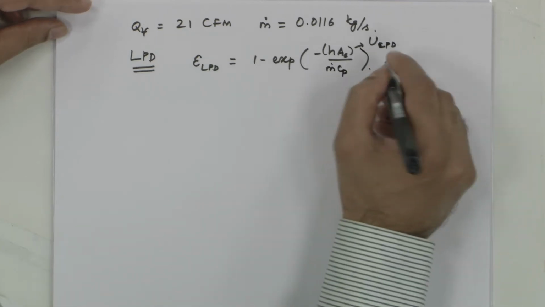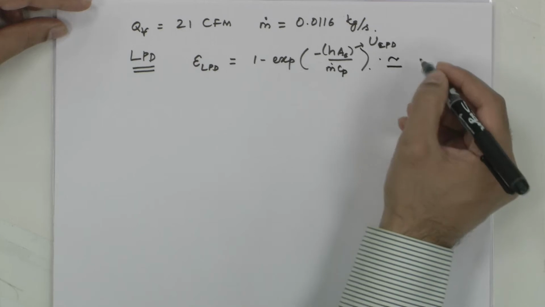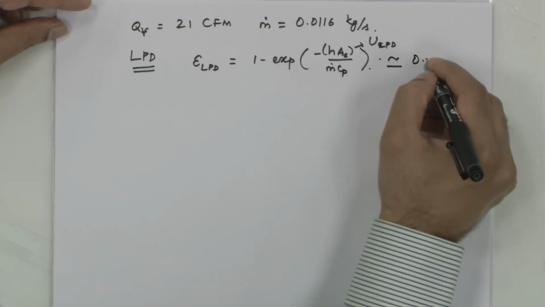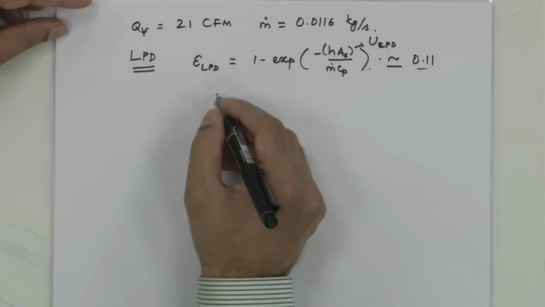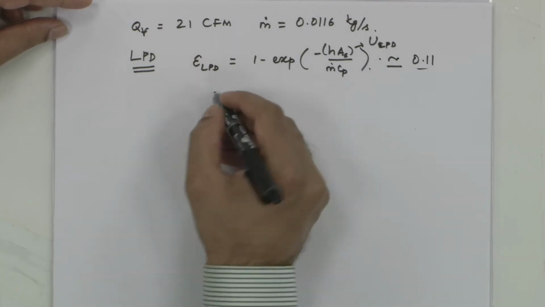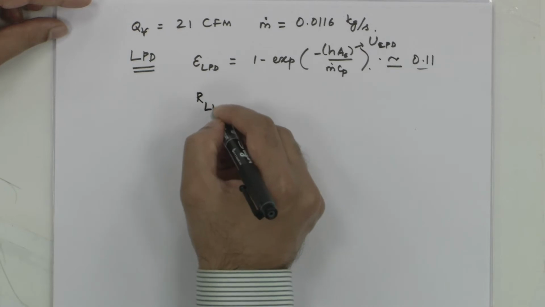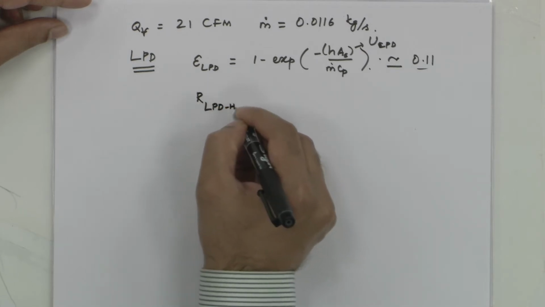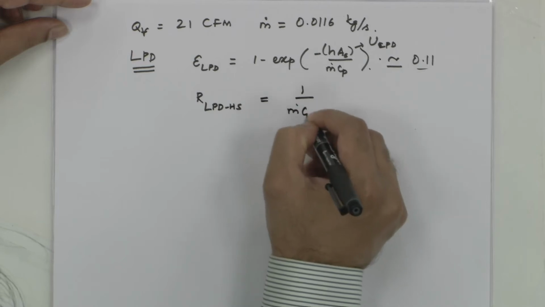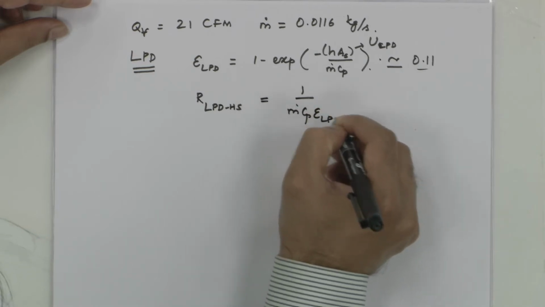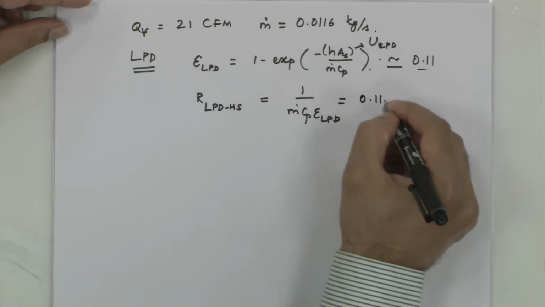If you use the values and calculate, the effectiveness of the heat sink on top of the low power device is only 0.11, and the low power device heatsink resistance turns out to be 1 by m dot Cp times the effectiveness, which is 0.11.